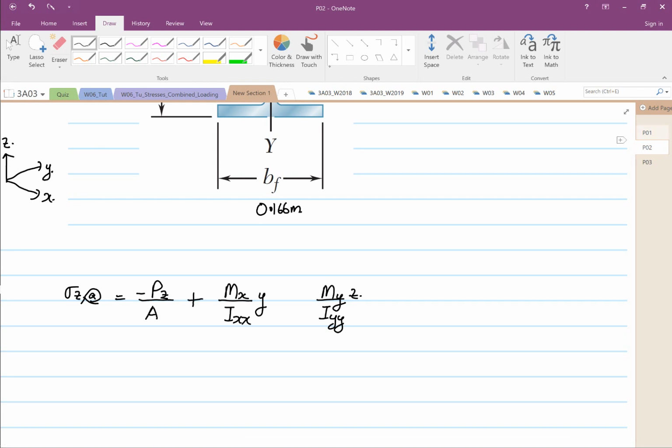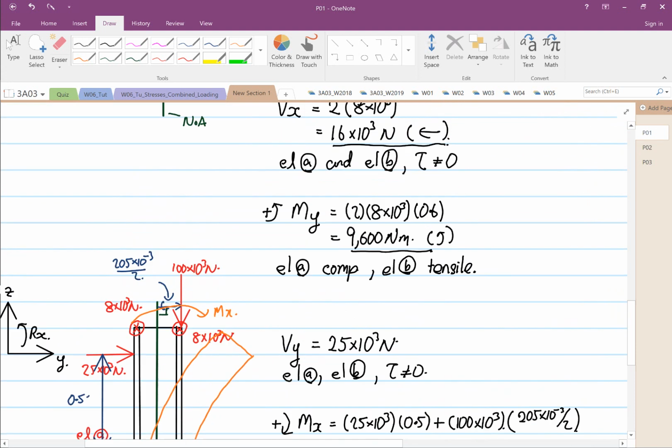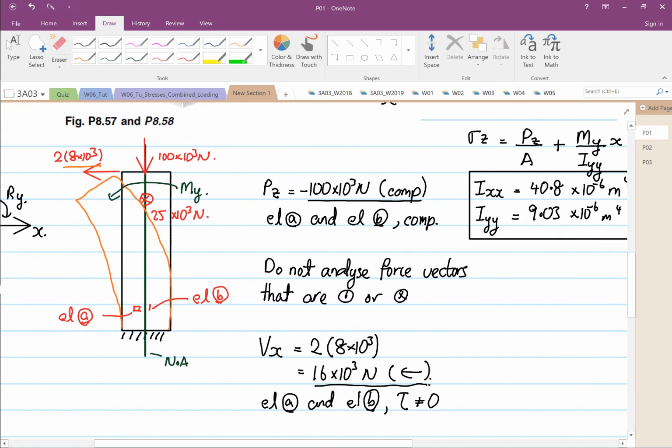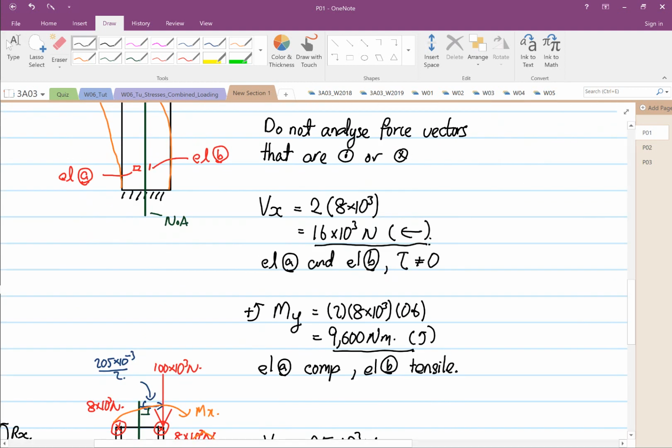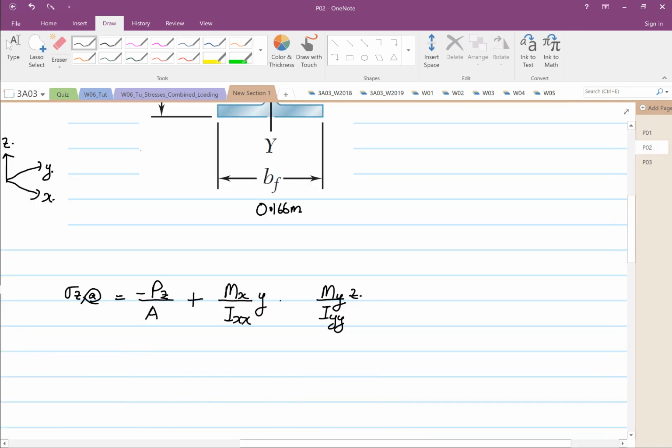And moment about Y will induce a compression on element A, so this will be minus. That's why writing whether it's tension or compression is so important.